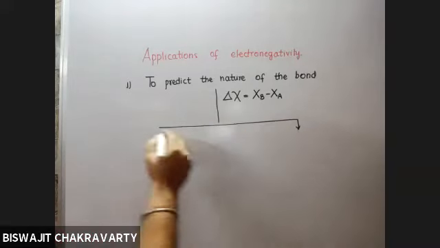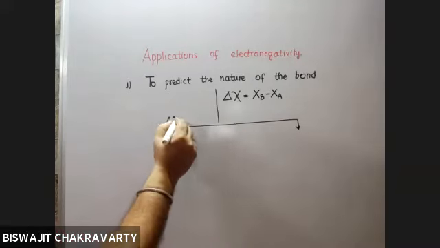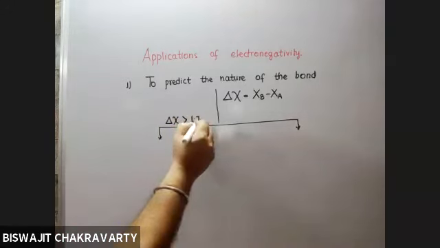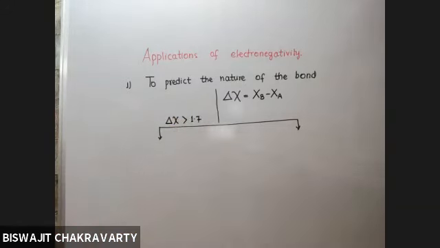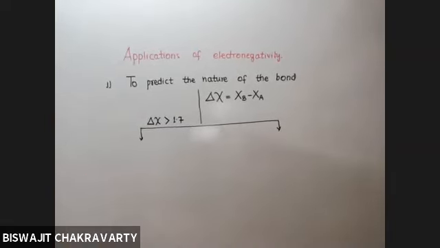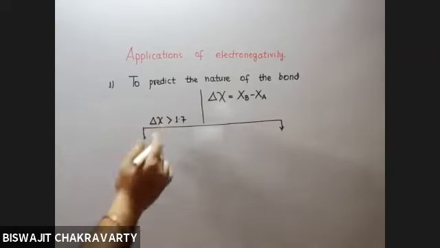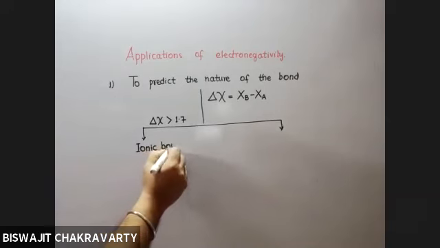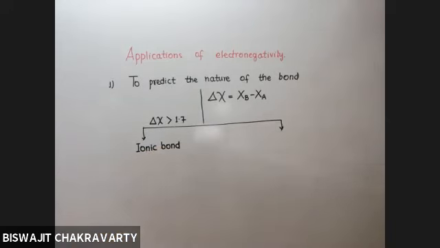If the difference exceeds 1.7 according to Pauling's scale, it is considered to be quite large, and the bond is referred to as an ionic bond.